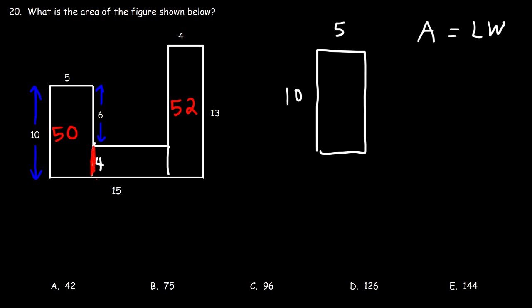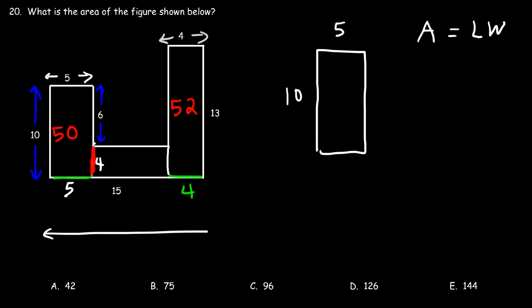And now what about the width of that rectangle? So notice that we have this section, which is 5, which means this part is also 5. And this section is 4, which means this part is 4.